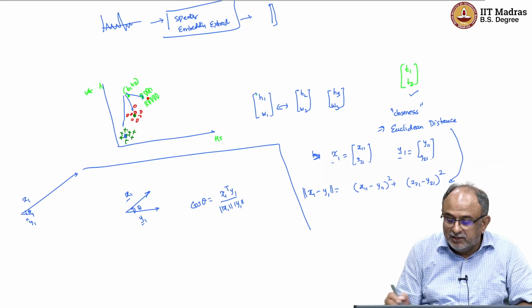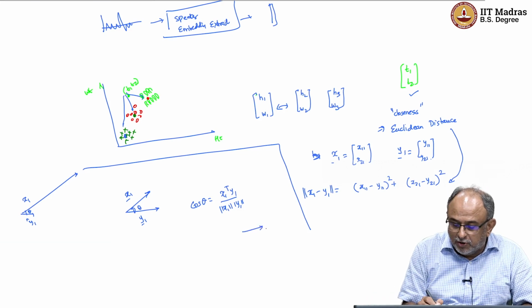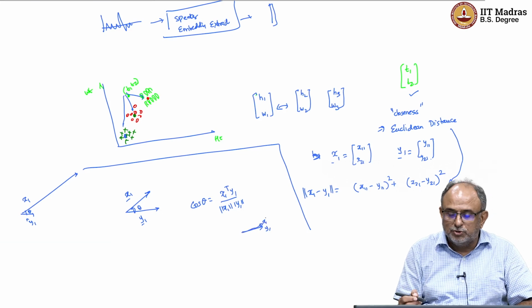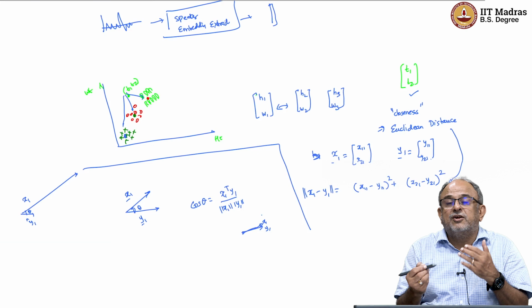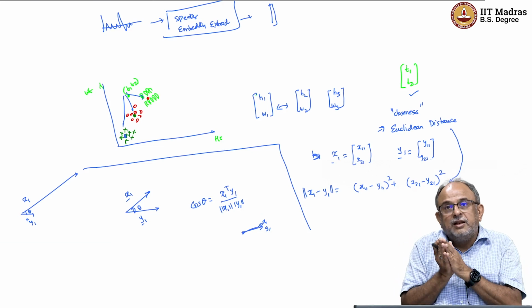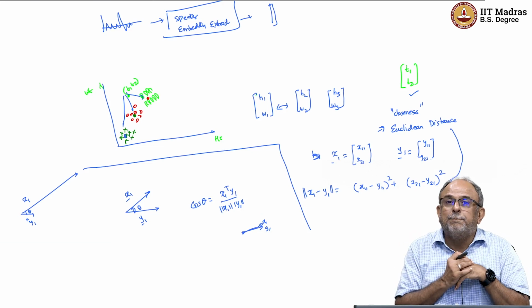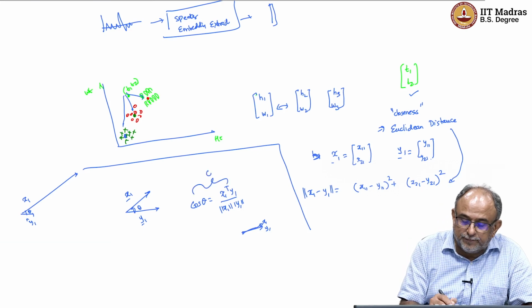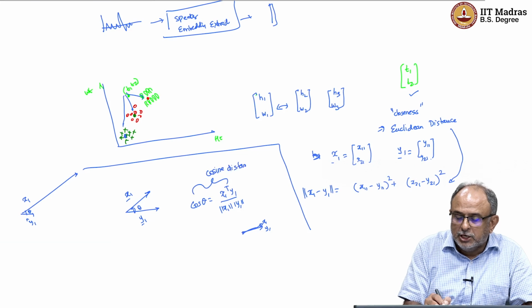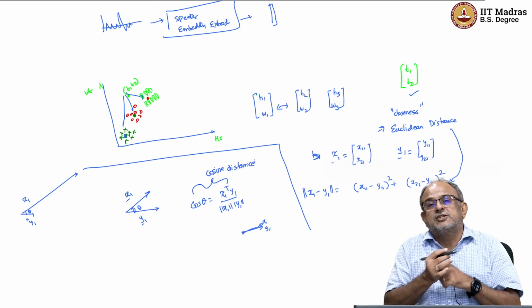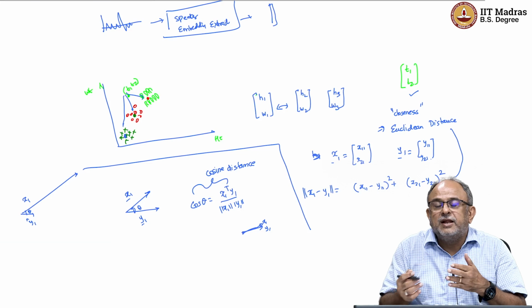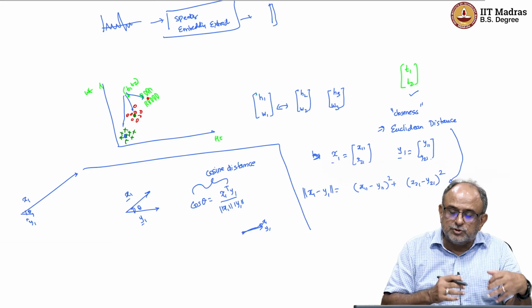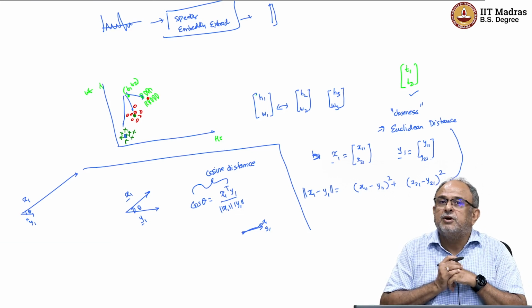So this angle is 0 or very small if y1 and x1 are very close to each other, and the cosine of 0 is 1, so the cosine becomes a very big number. This is called the cosine distance. So you could have Euclidean distance as one way of comparing vectors, or cosine distance as another way of comparing vectors.